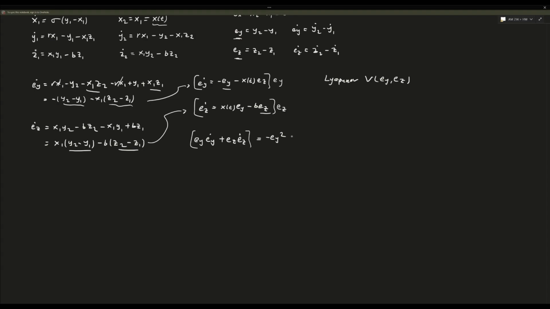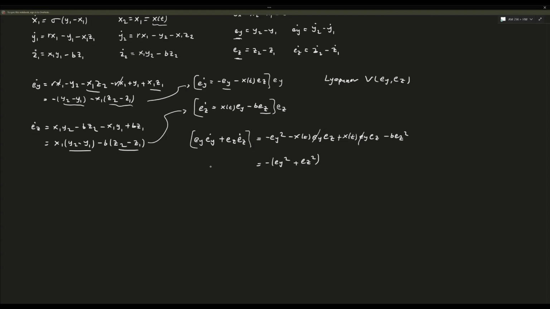So we'll have minus ey squared minus x of t ey ez, and then plus this equation here, so plus x of t ey ez minus b ez squared. And so these two middle terms, x of t ey ez and x of t ey ez, are equal and opposite. Those will cancel out. We'll be left with minus ey squared minus b ez squared.